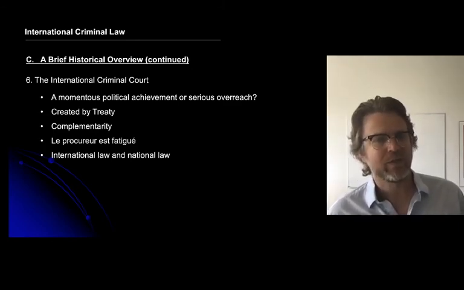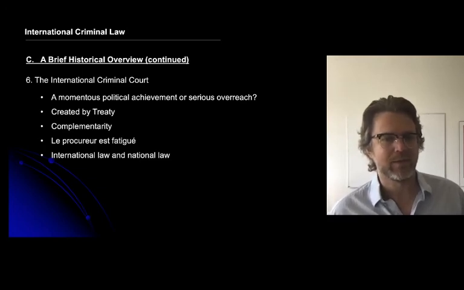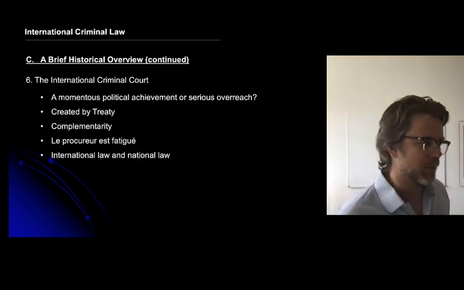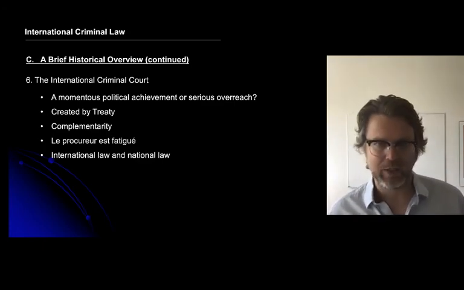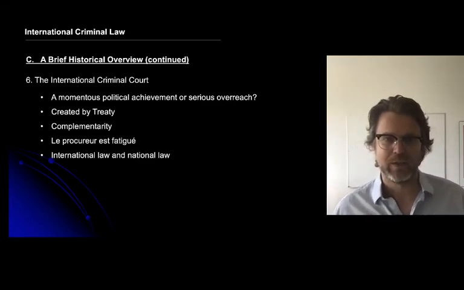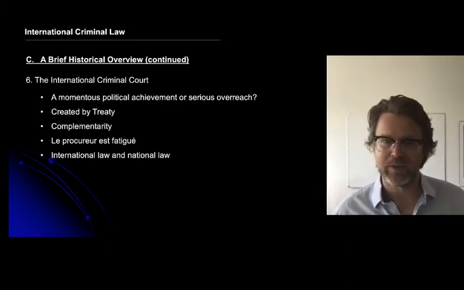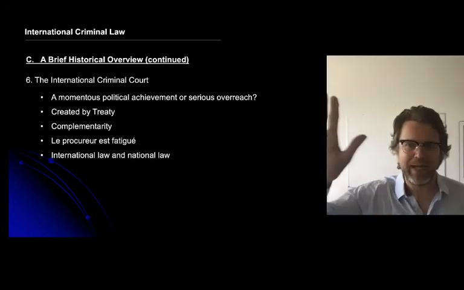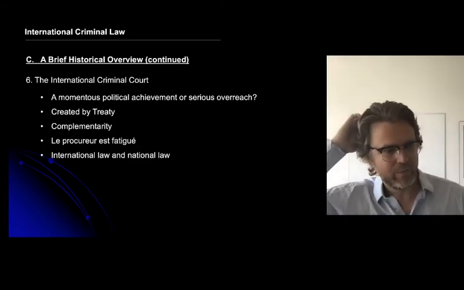But the significant shift I want to insist upon is the role of treaty as a constitutive component in the creation of international criminal law, which is separate from all of the other processes, and which gives the International Criminal Court a prospective jurisdiction.